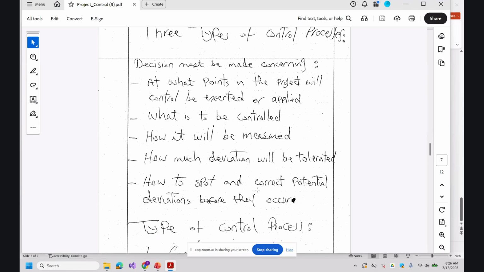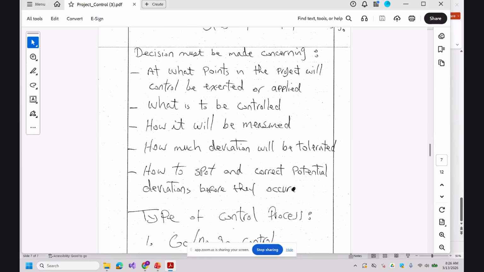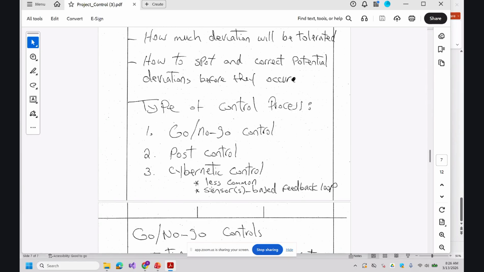How to spot and correct potential deviations before they occur? There are three different methods that you can use. At every milestone, you can do your assessment and evaluation with your upper team administration, yourself, and team players, and have a go/no-go control, post control, and cybernetic control.